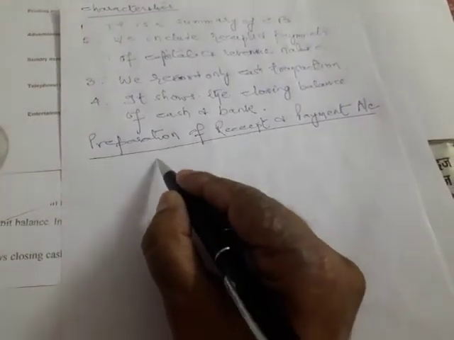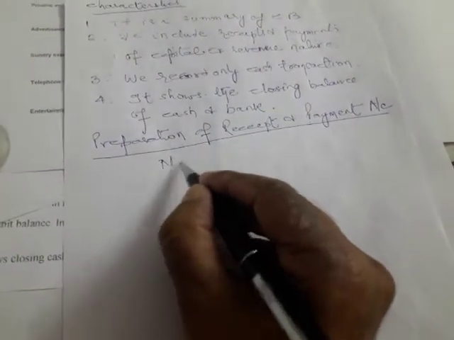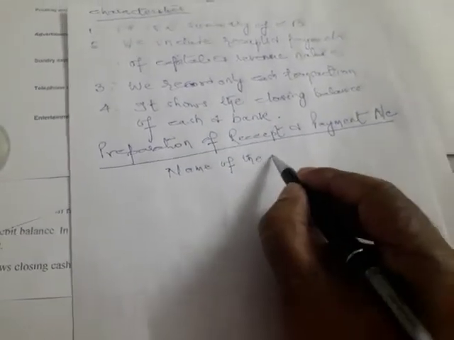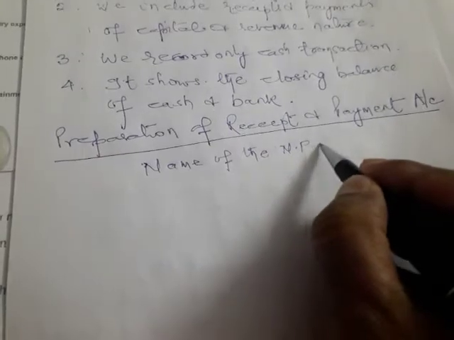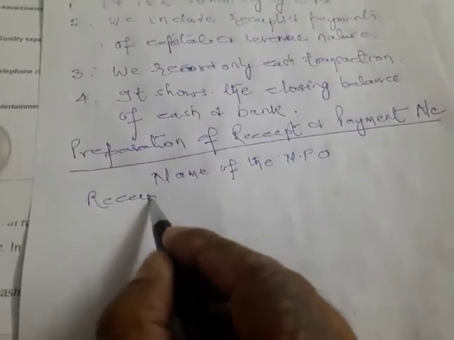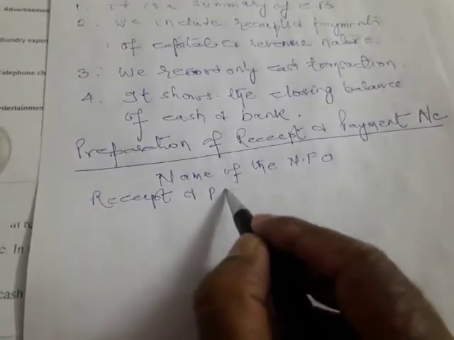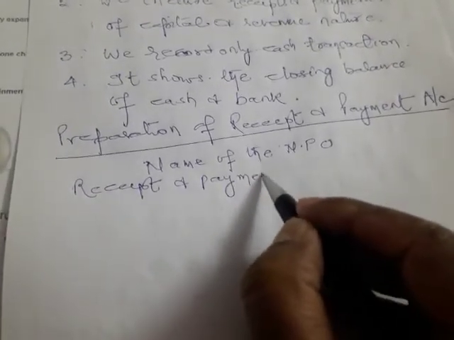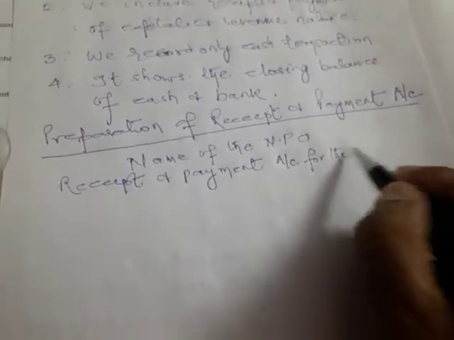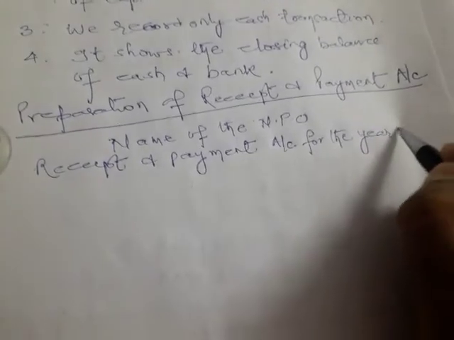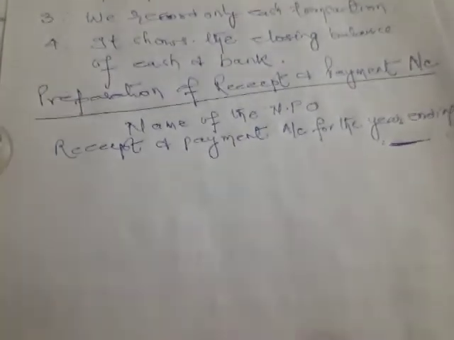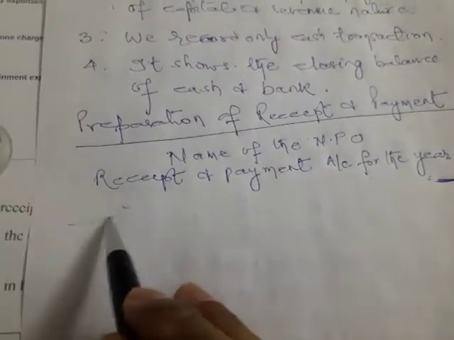So at the top we write the name of the club or institution or hospital, then the name of the account, receipt and payments account for the year ending so and so.